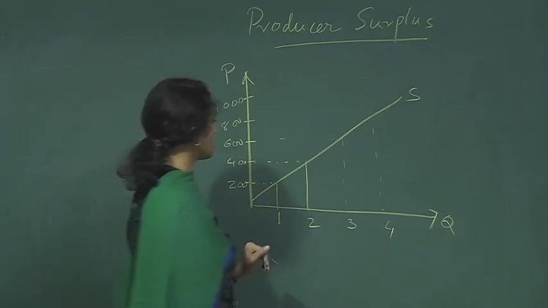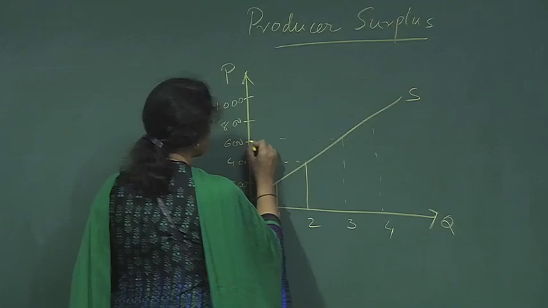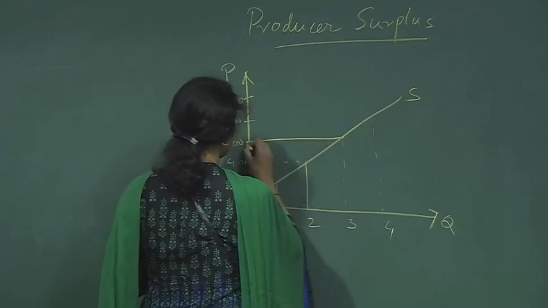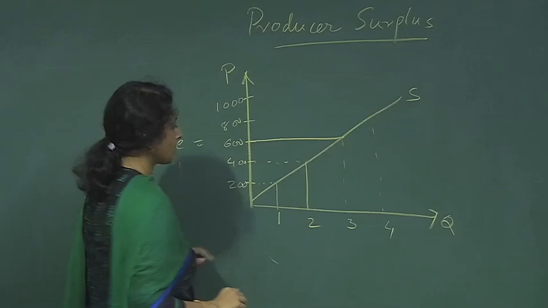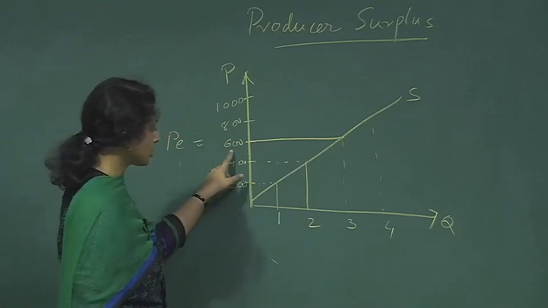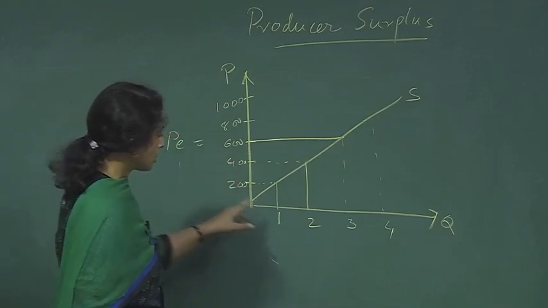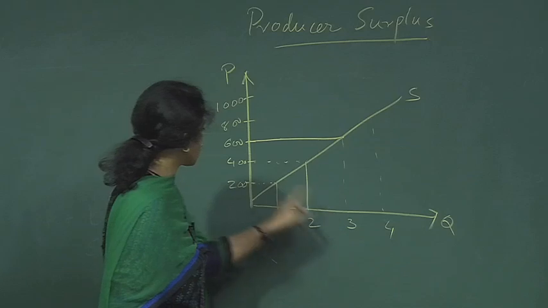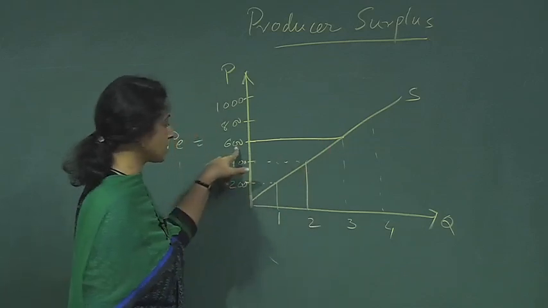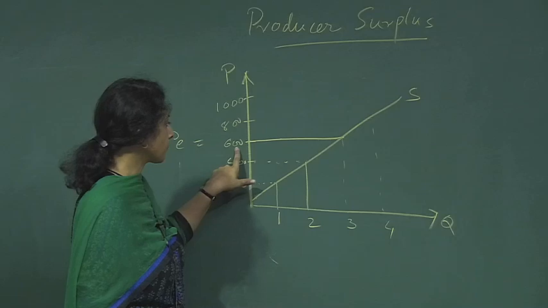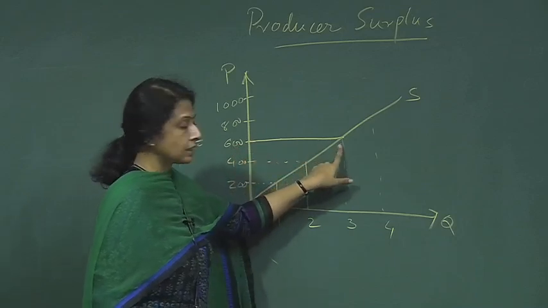Now imagine a situation where the equilibrium price in the market, PE, is equal to 600. When PE is equal to 600, this last seller who has entered the market, because the price has reached 600, does not make any profit.